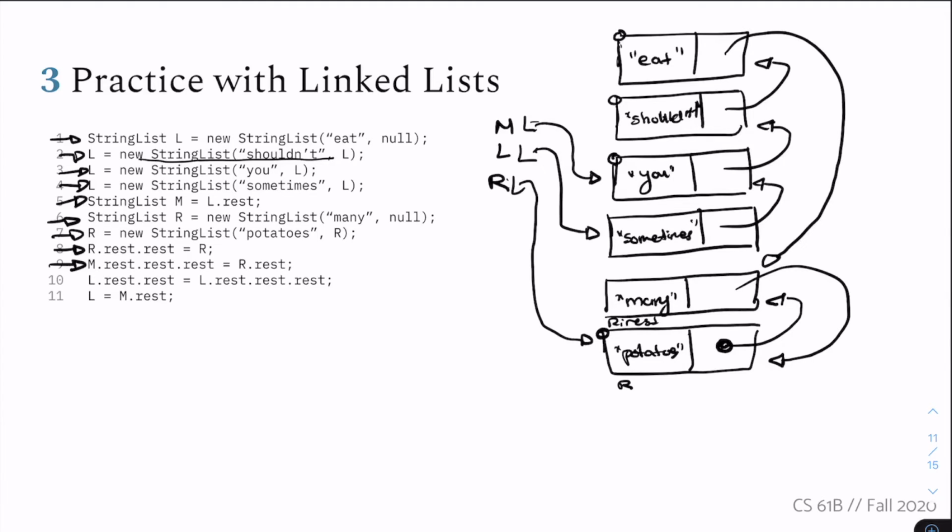Now we have to do l.rest equals l.rest. Again, we follow just the same exact overall strategy. We start with L. This is the object that L points at. L.rest points at this object, and L.rest points at this object.